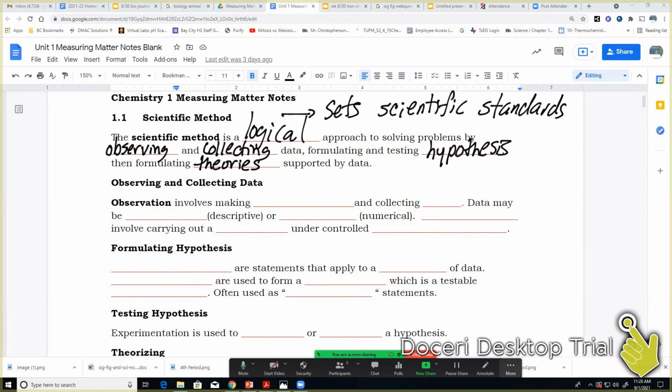Observation involves making a measurement when something is being observed and collecting data. Data may be qualitative.